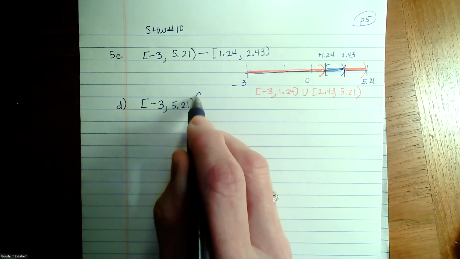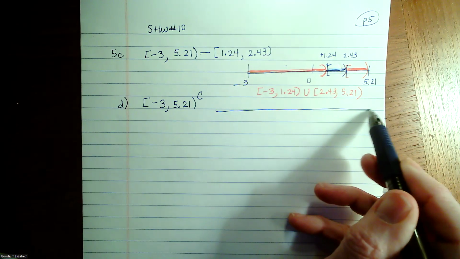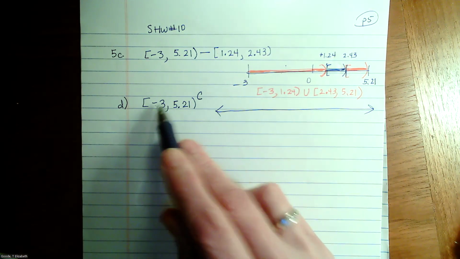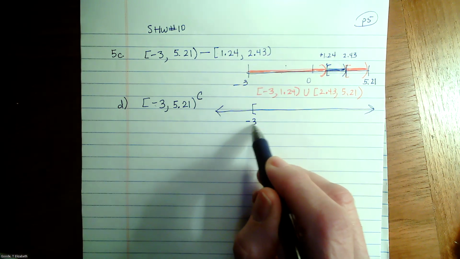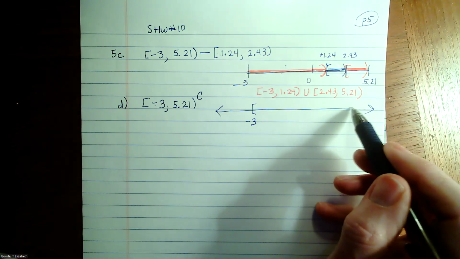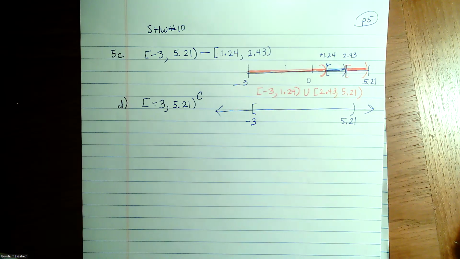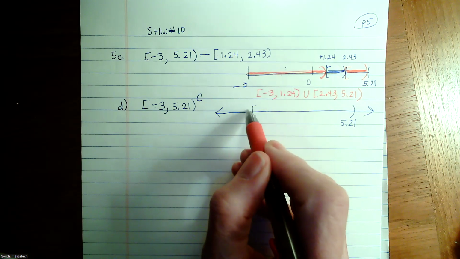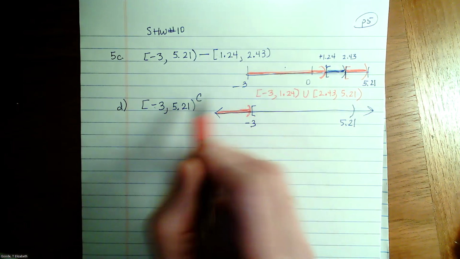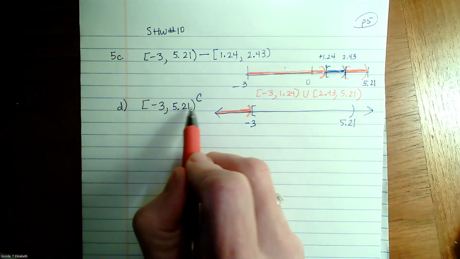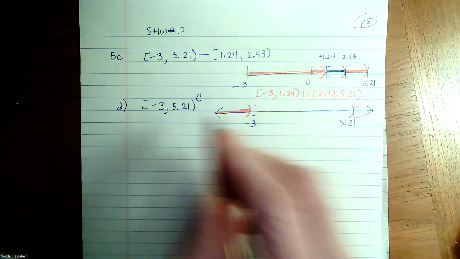Yes. So here we're looking at the whole number line, because the complement is like the reals minus this. And it's also everything outside of it, right, because of the Venn diagram and stuff. So we want the x's that are to the left of -3, but we don't include -3 because it's included here. And to the right, including 5.21, because it's not included here.